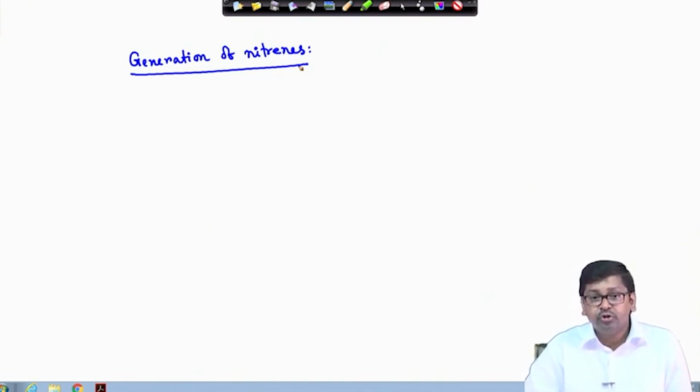We have already mentioned that nitrenes are actually the nitrogen analog of carbenes and they possess almost similar structural features and characteristics. As for example, they also have 6 electrons and they are also short-lived, transient species.